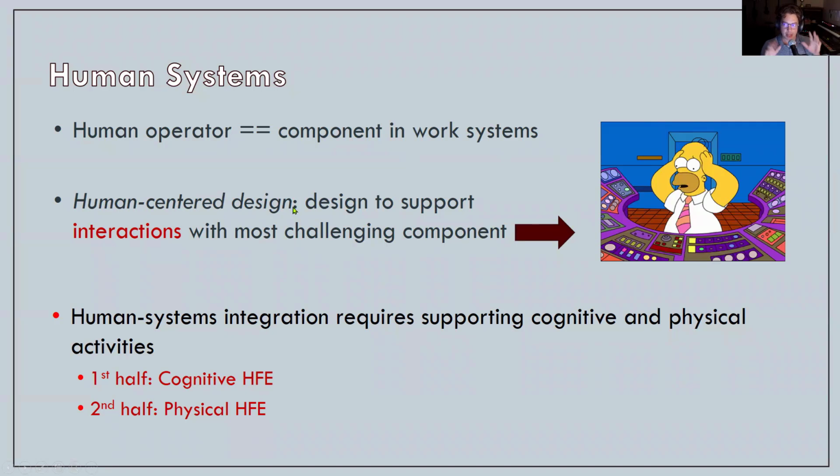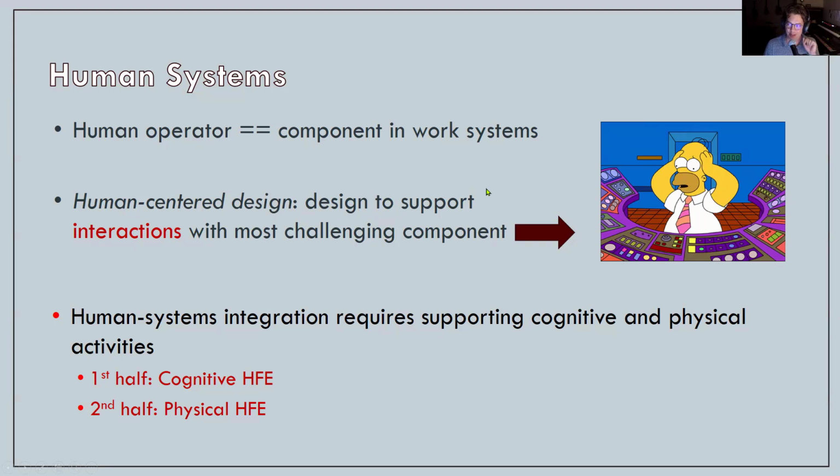There are two buzzwords on this slide. One is we've got a system, it all interacts, right? But we're going to be human-centered in how we address problems, how we analyze problems, and how we design to avoid those problems or minimize those problems or improve overall performance by looking at the human.